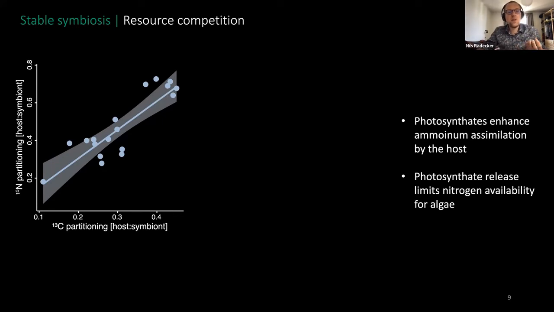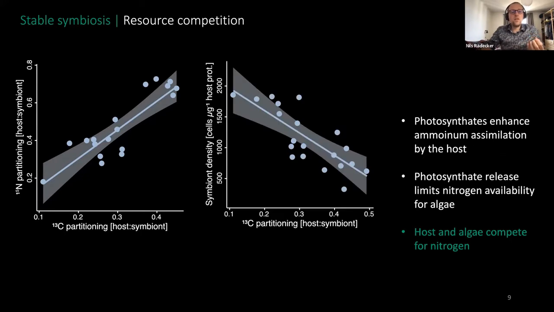And we can see this punishment in a way when we look at the population density. So the more carbon is being shared, the lower the population density of these algal symbionts in these animals. So we really have a competition between host and algae here for available nitrogen, and the outcome of this competition is a consequence of how much carbon is being shared in the symbiosis.